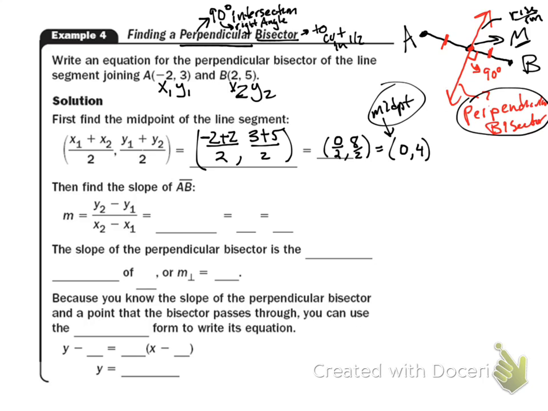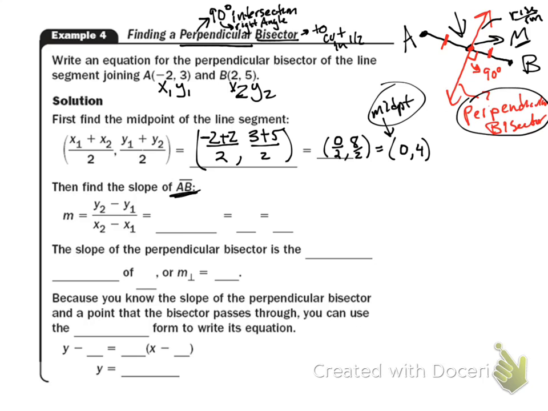This perpendicular bisector, that red line, is perpendicular to the line AB that connects the coordinates A and B. Now, I'm going to find the slope of my perpendicular bisector in a roundabout way. I'm going to first calculate the slope of my AB segment.